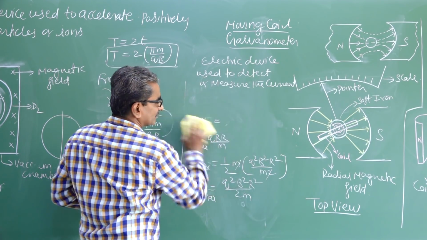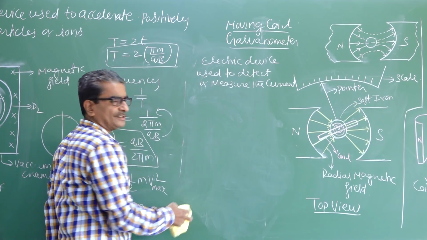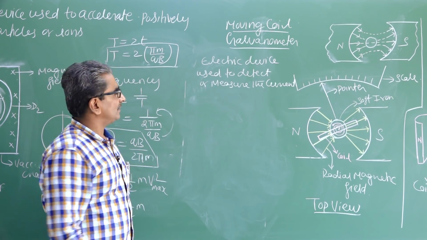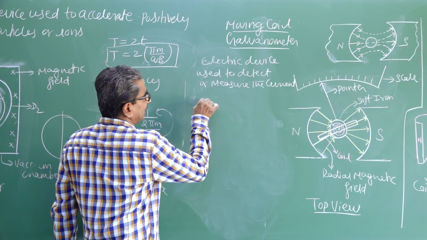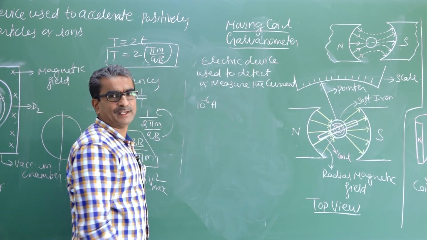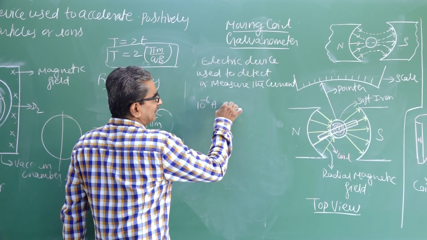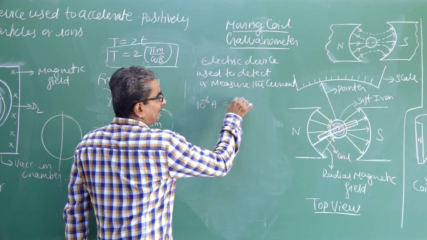Current means what? A very small magnitude current, feeble current of the order of 10 to the power of minus 6 ampere. That means microampere.